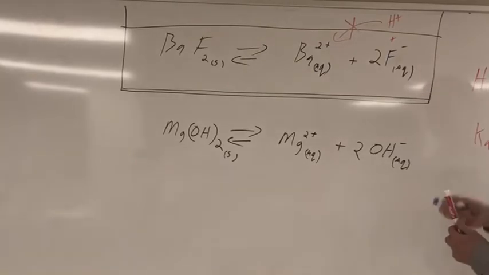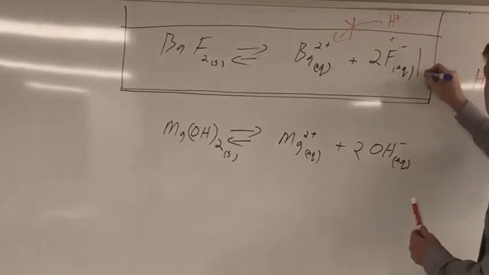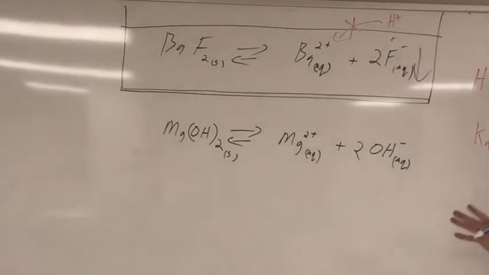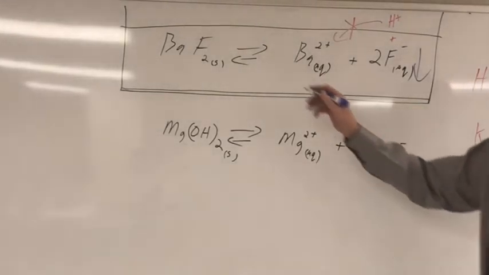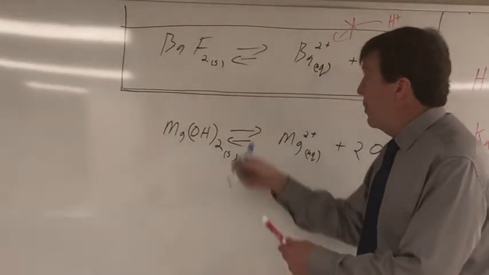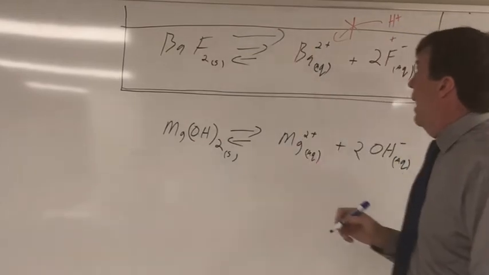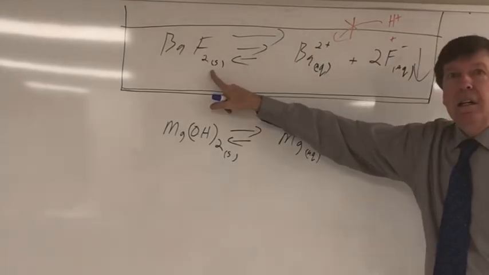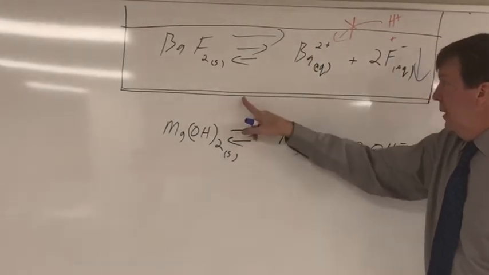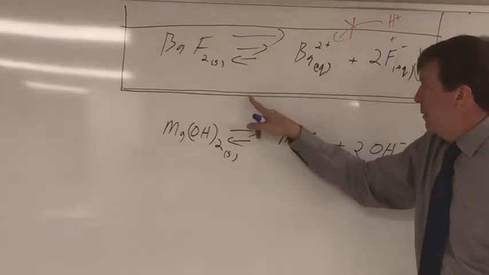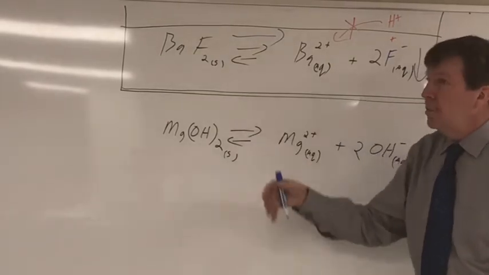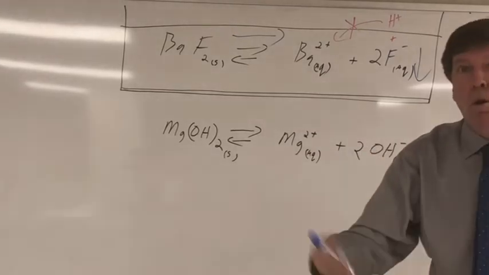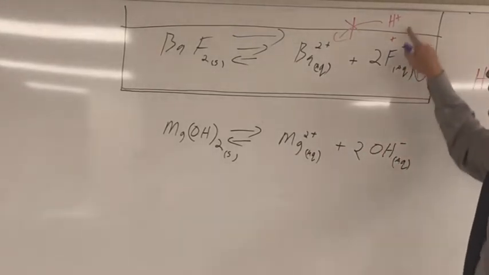That would decrease this concentration. And notice, it's going to shift the equilibrium in this direction, and solubility is going to increase. So this barium fluoride solid down at the bottom is going to become more and more soluble the more acid you add.